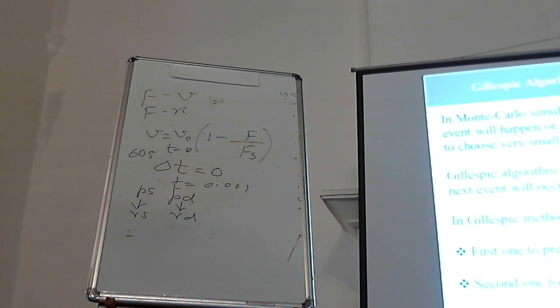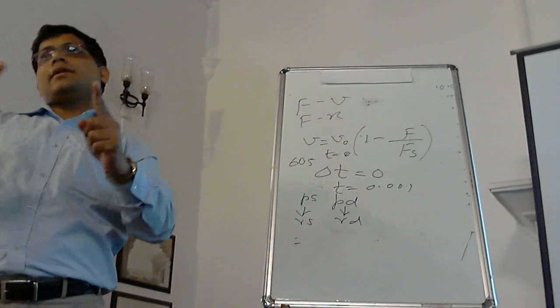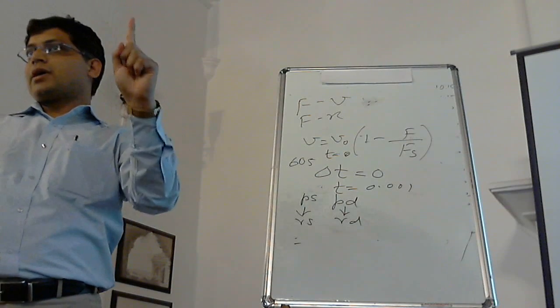Let's say there are two events, A and B. First I will try to see when event A or B will happen. For a motor, I will try to find out when the motor will either step or detach. I don't care whether it will step or detach. So I will generate a random number which will determine when my motor will step or detach.